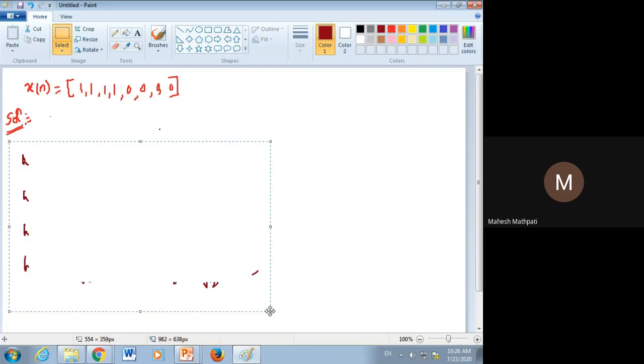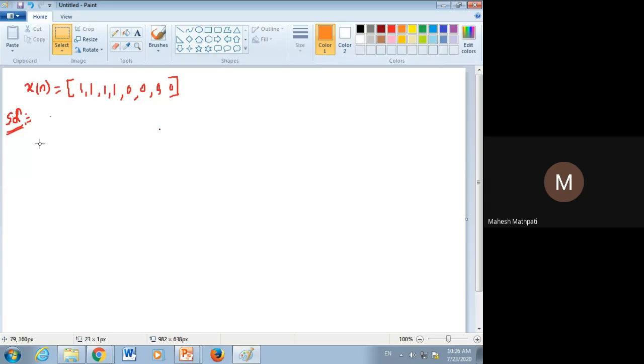So how many stages do we require here? We need 3 stages, right? So this is 1. Let me draw it like this.